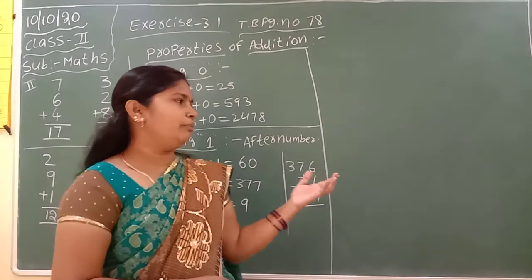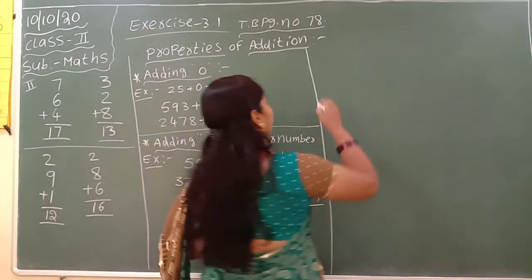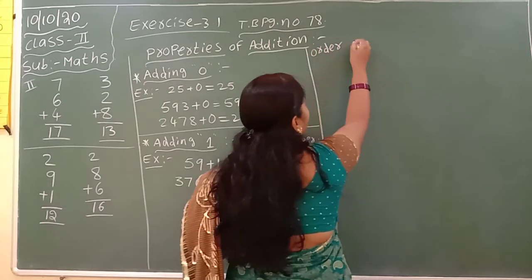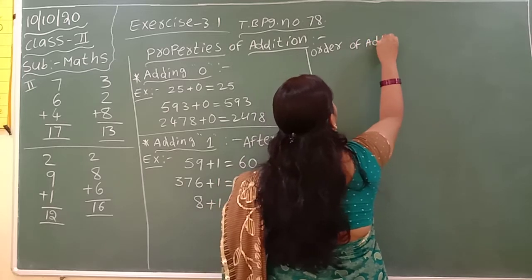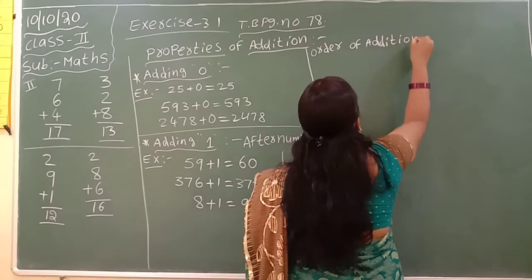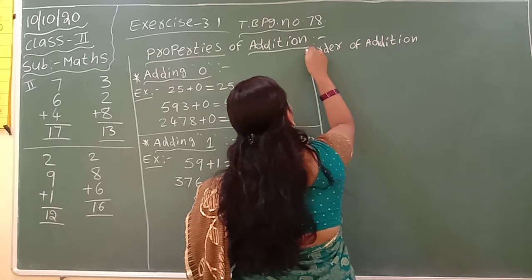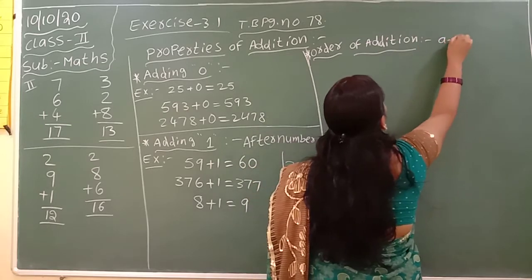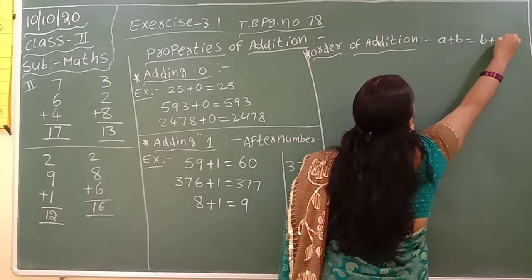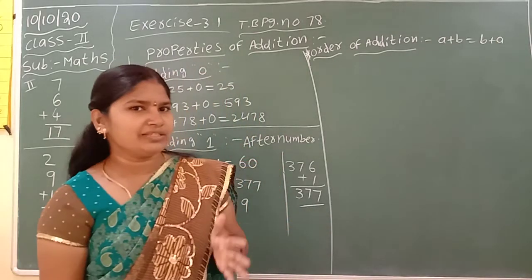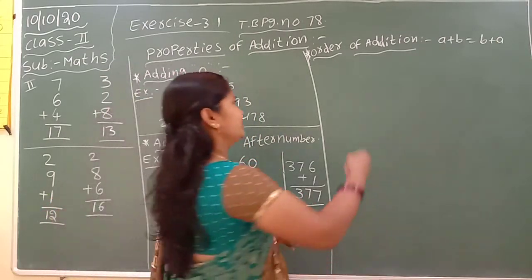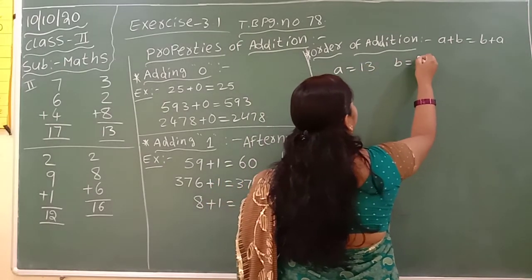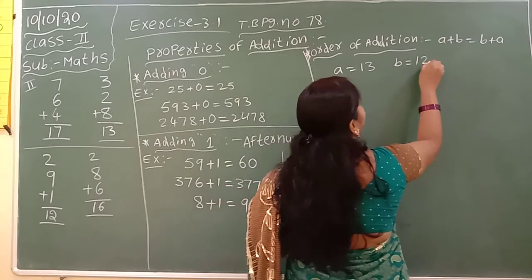And the third property is the order property of addition. What is the order of addition? If we change the order of the given numbers, the answer need not change. For example, A I am taking as 13, B I am taking as 12.